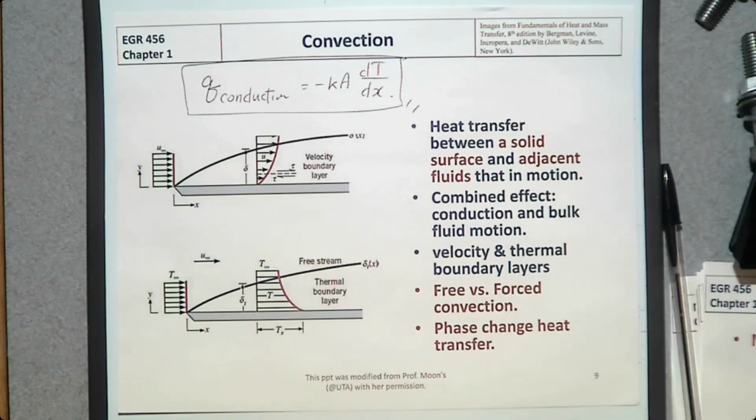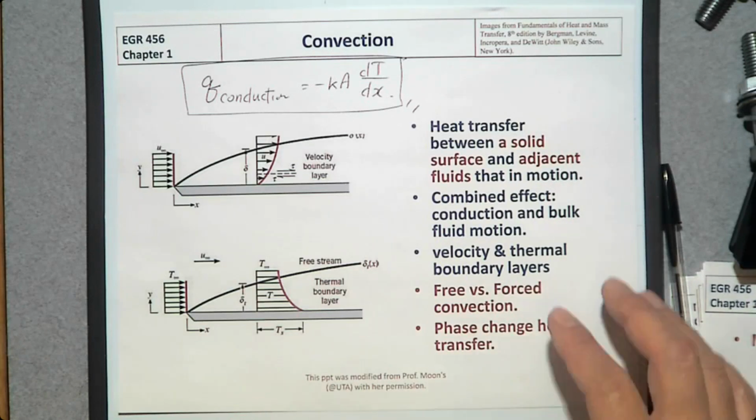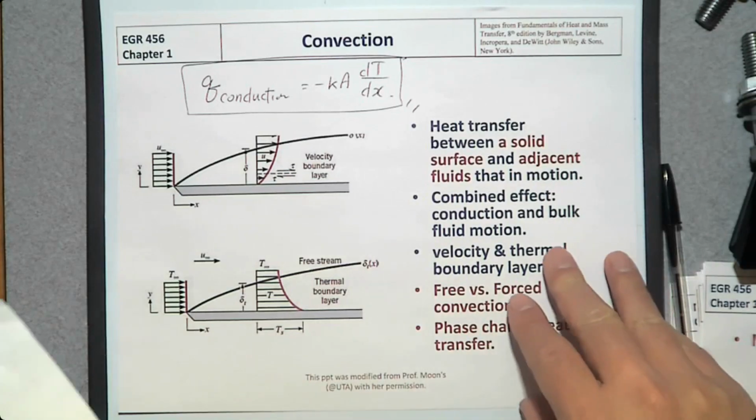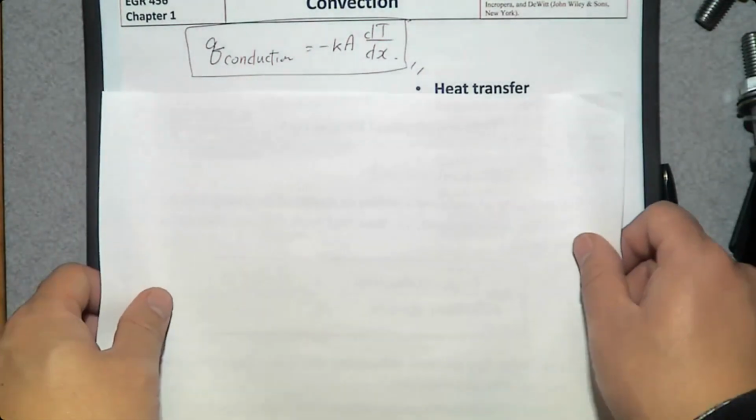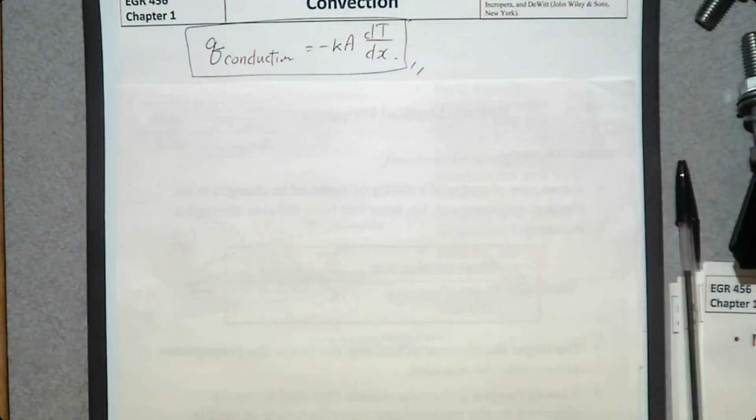To understand convection heat transfer, we need to understand fluid mechanics. I'm pretty sure that you are already studying or have studied fluid mechanics. So let me just go over it.